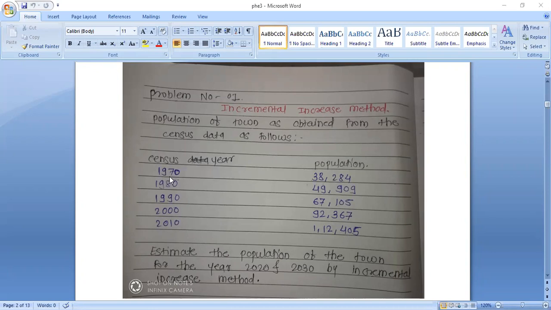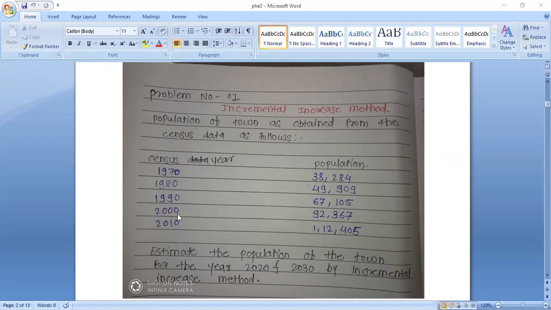Now see, for 1970 the population is 38,284. Then after 10 years, the population for 1980 is 49,909. Then after 10 years, the population for 1990 is 67,105.